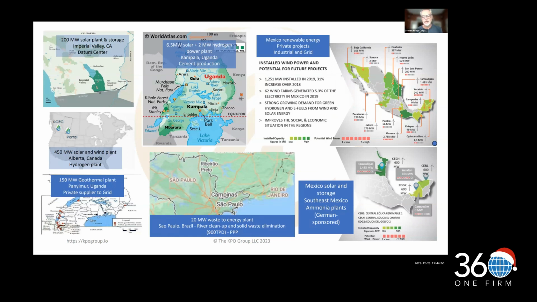So what I've put on the screen here, and that's my sole slide, is just a few examples of projects that I'm involved with right now. I have more, but it'll give you an idea, and it's all over the world.